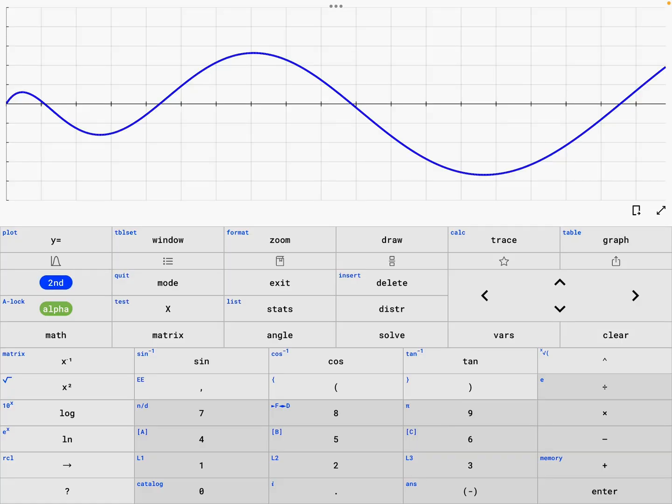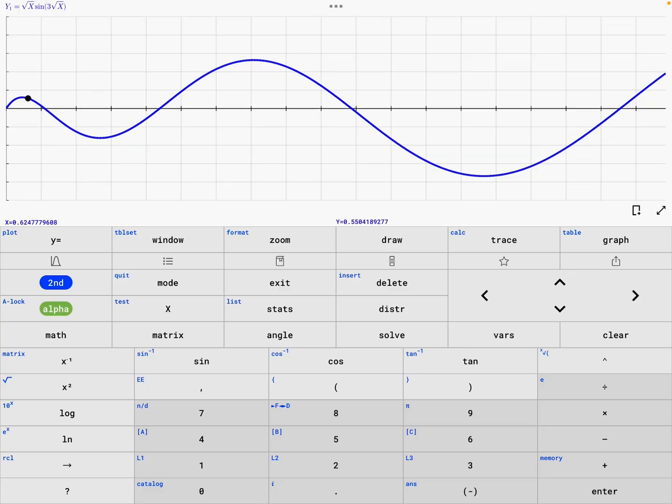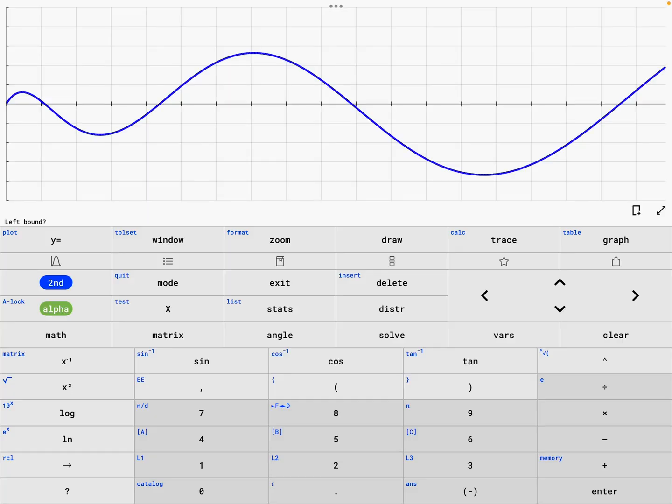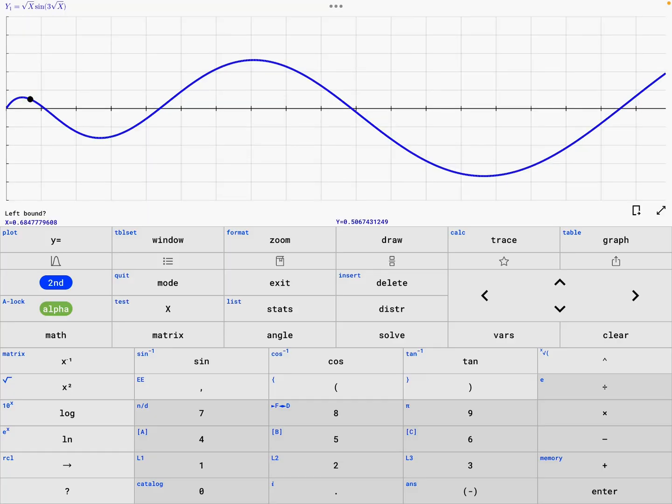Graph it. And okay, so we're looking for, there's two intervals where f prime is below the x-axis. I could be more accurate. I can go to trace and go to option 2 for the zero, do left of that zero and right of that zero.